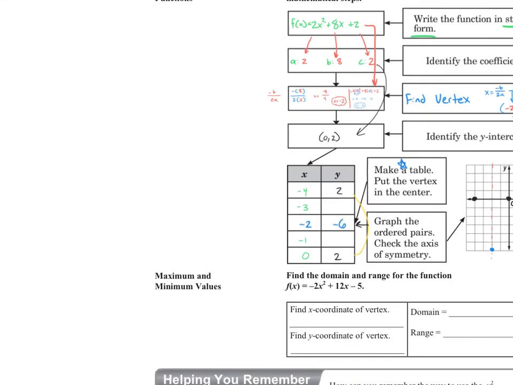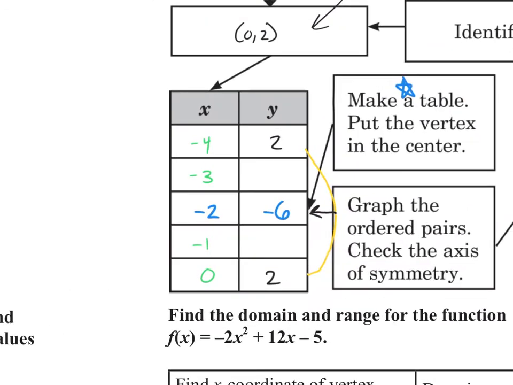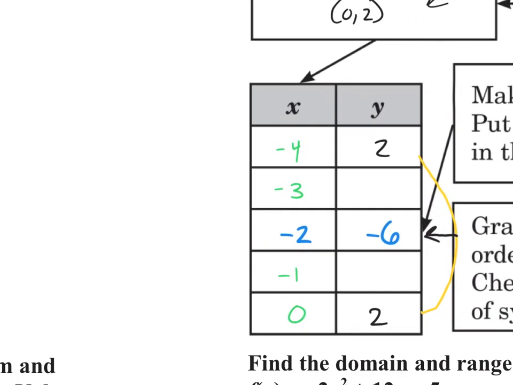Now, in order to find other values, what we're going to have to do is plug it into the original equation. But here's the good news. I don't need to plug in -3 and -1. I can actually just pick one of them because they're going to be the same. So we just need to pick one of them to plug back into the original equation.